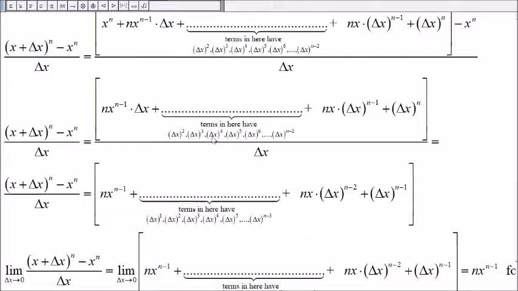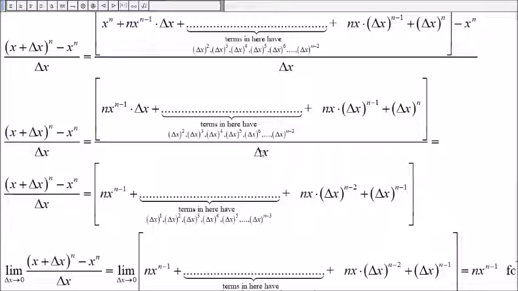The next term, which is something times delta x to the fourth, dividing by delta x, and we get something times delta x to the third. And on down to the last term in here. The last term in here is going to be something times delta x to the n minus 2, dividing by delta x.